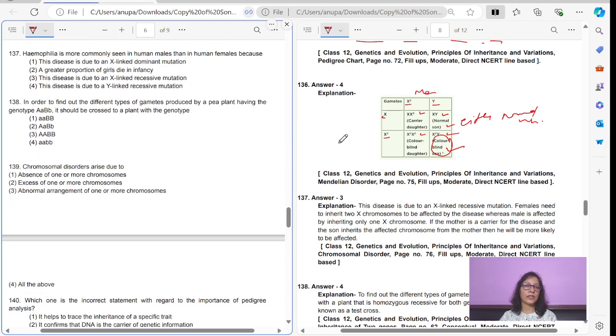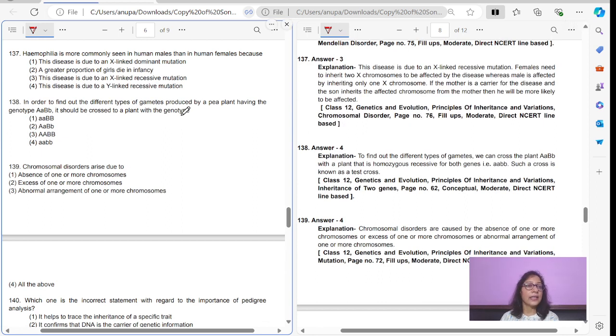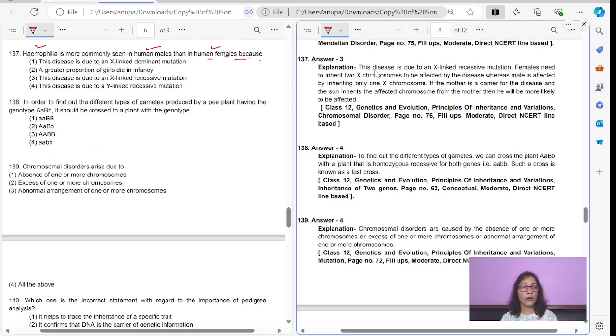Now let's move to the next question, question number 137. It says that hemophilia is more commonly seen in human males than in human females because. We have to find out the reason why hemophilia is common in human males rather than human females. We know that hemophilia is due to an X-linked recessive mutation, and females will be affected only when they inherit two affected X chromosomes, whereas a male is affected by inheriting only one.